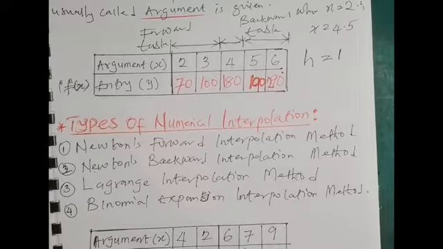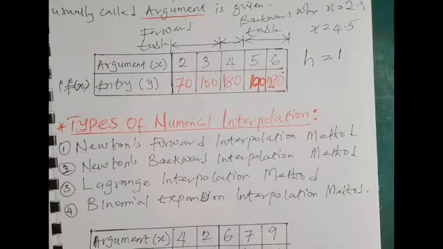So, two key things I've mentioned: the consistency or the inconsistency of the interval is the first thing to pay attention to when solving numerical analysis problems. If they are consistent, then you can use either Newton's forward or Newton's backward interpolation method. But if the interval is not consistent, then you make use of the Lagrange interpolation method.